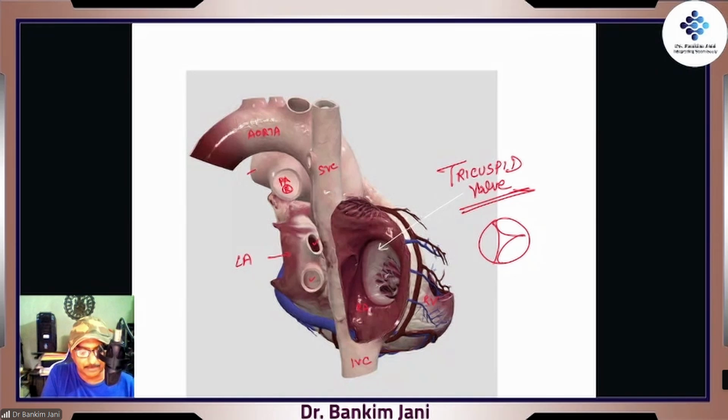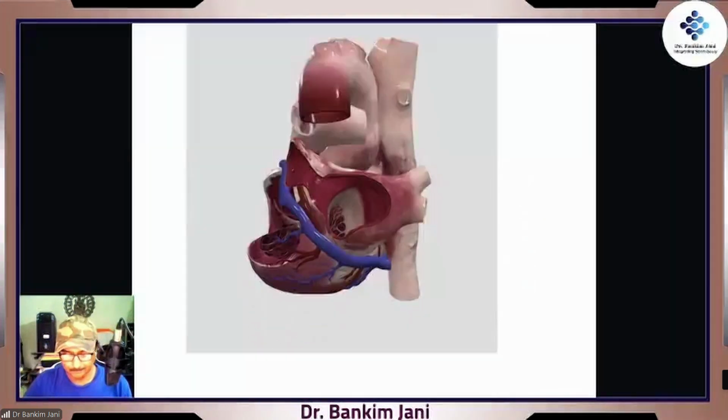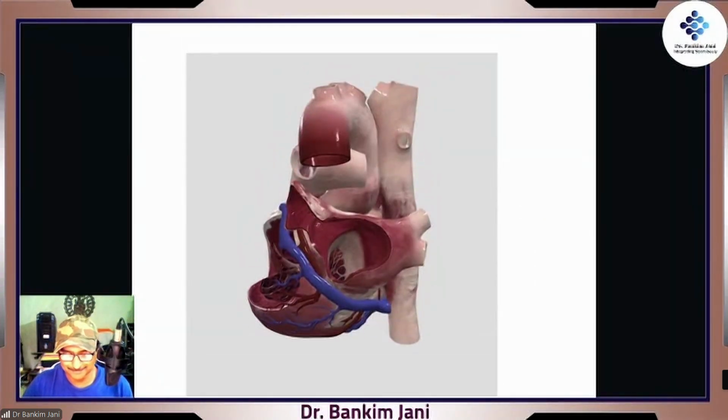The left pulmonary artery is this one. So this is when we go still posterior. Now we are still posteriorly, and see this. They are the pulmonary veins.